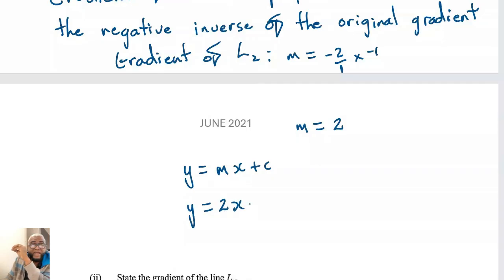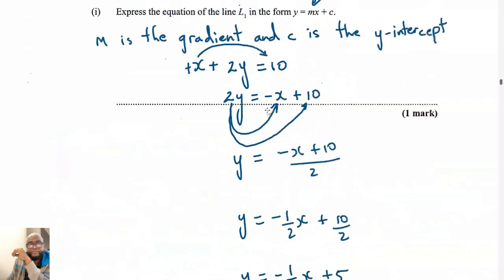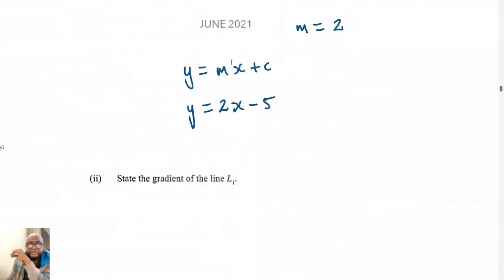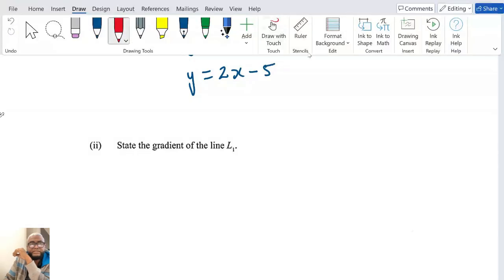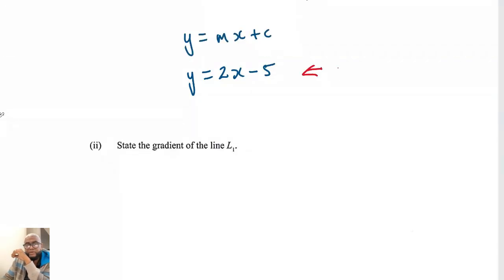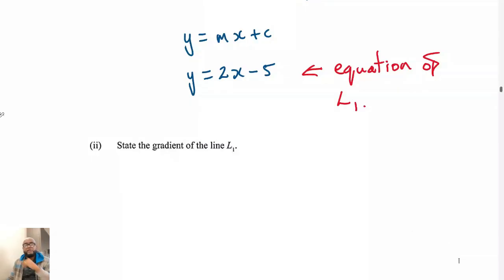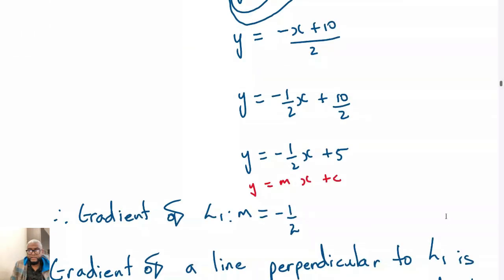C is -5. So you're going to put -5. Okay, this is the equation of L2. Let me write it in red. Okay, this is the equation of L2. Everybody good there? All right.